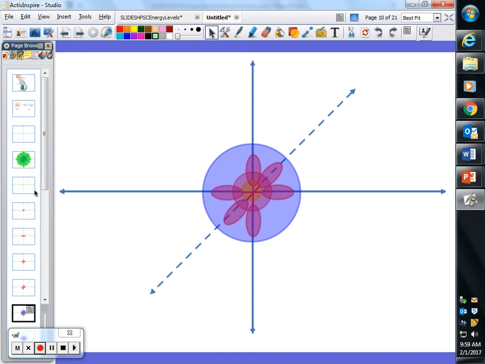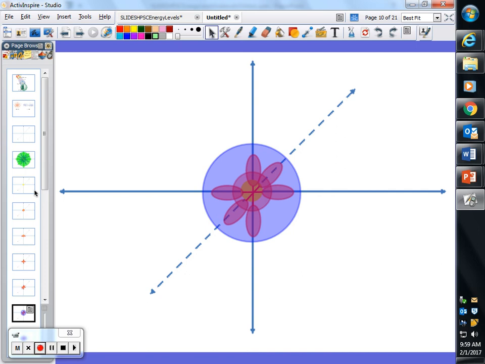As we start getting farther and farther away from the nucleus, these electrons start having to do a little dance. And there's two rules to the dance, right? One, try to get as close to the nucleus as you can. Two, try and stay away from other electrons.